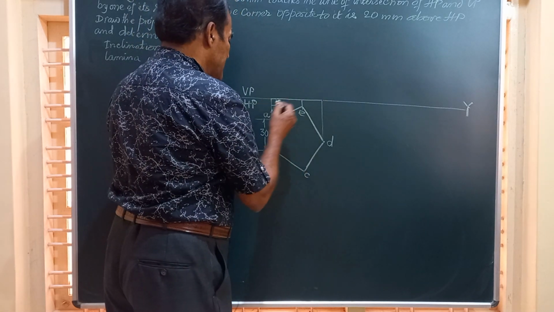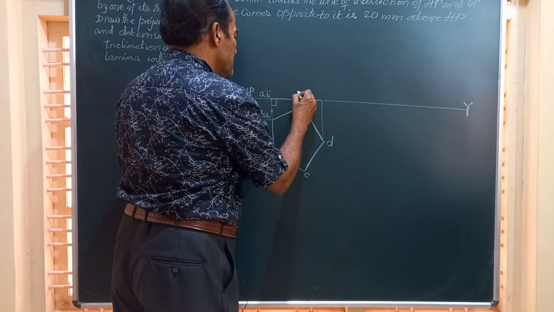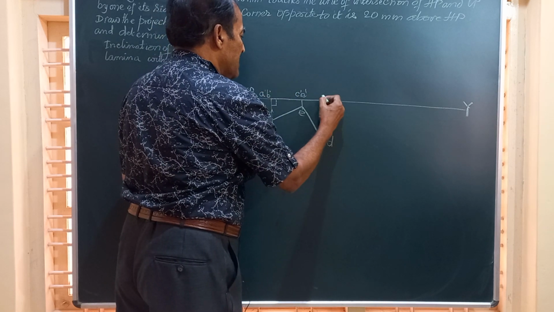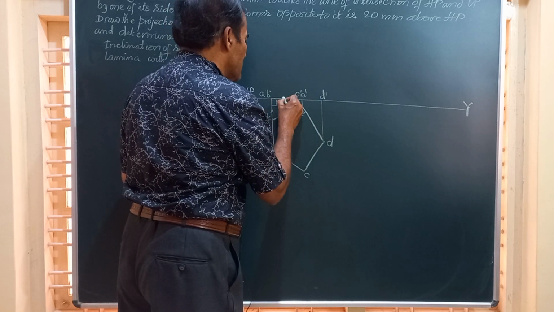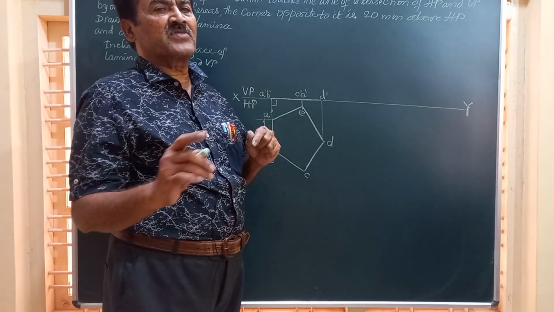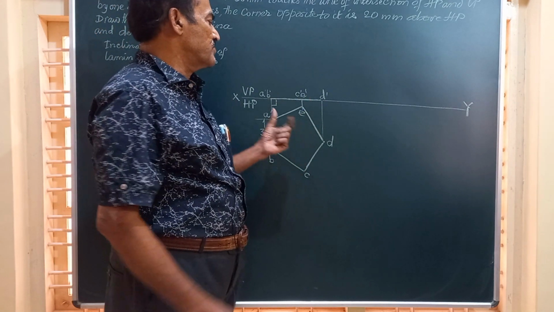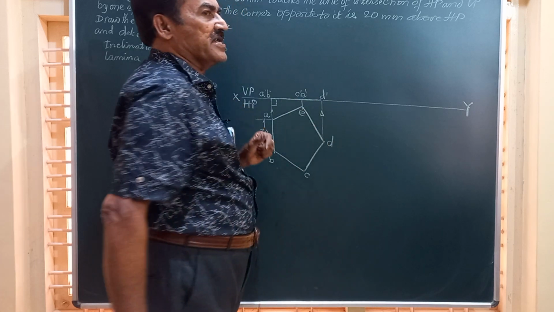So this line, which we call A dash, B dash, C dash, E dash, and this is D dash, represents the front view of the lamina. So the initial position of this lamina is completed.